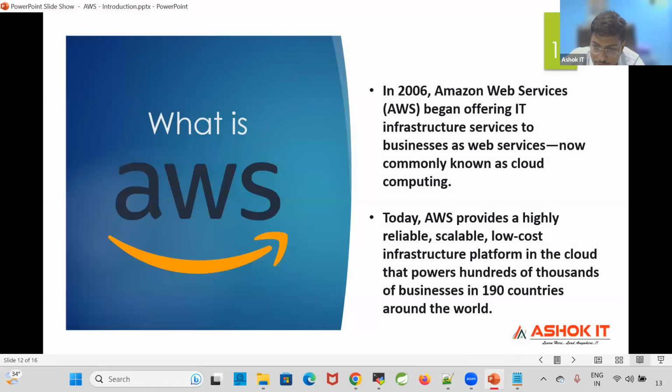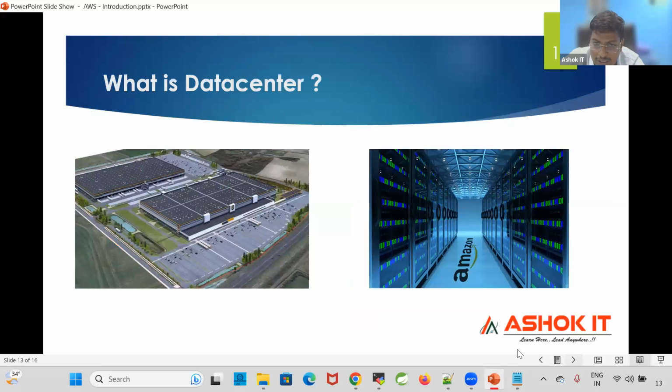Okay. Now if you see here, AWS maintains its infrastructure in data centers. AWS is providing infrastructure for rent. AWS will maintain the infrastructure in a data center. AWS has 99 data centers.